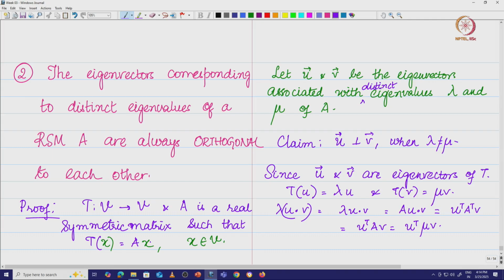Which I can write as mu times u transpose v, which is nothing but mu times u dot v.